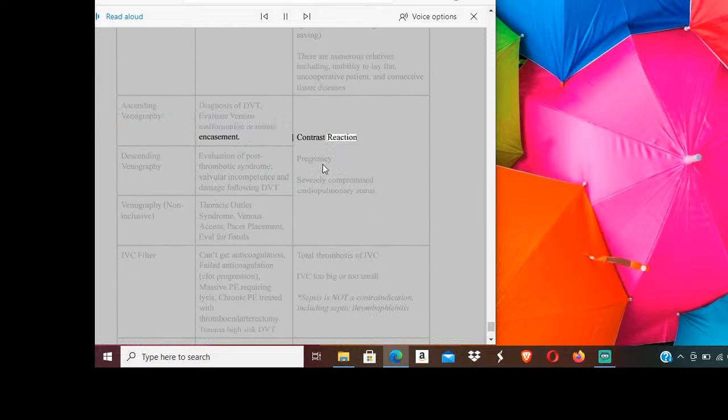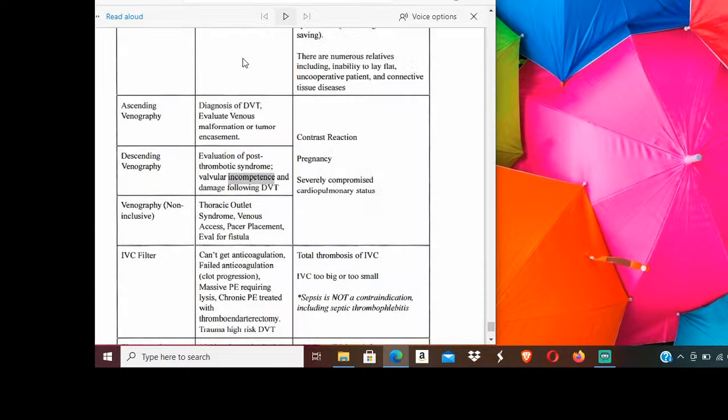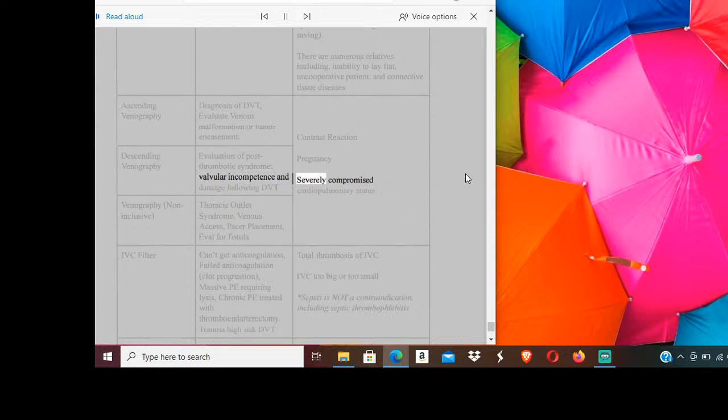Descending venography: evaluation of post-thrombotic syndrome, valvular incompetence and damage following DVT.